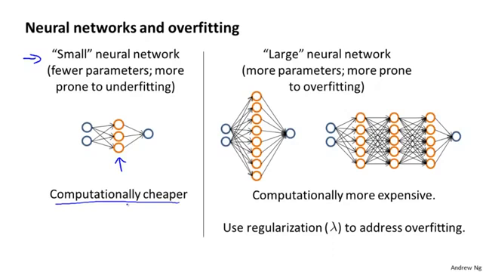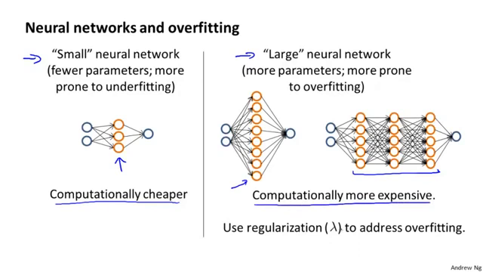An alternative would be to fit a relatively large neural network with either more hidden units, so if there's a lot of hidden units in one layer, or with more hidden layers. And so these neural networks tend to have more parameters and therefore be more prone to overfitting. One disadvantage, often not a major one, but something to think about, is that if you have a large number of neurons in a neural network, then it can be more computationally expensive. Although within reason, this is often, hopefully, not a huge problem.